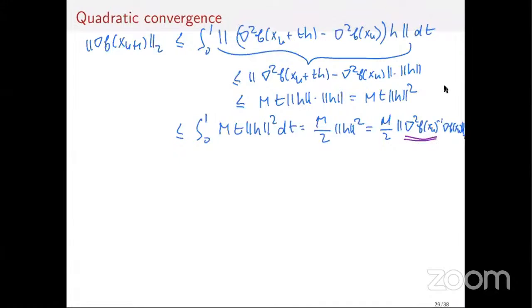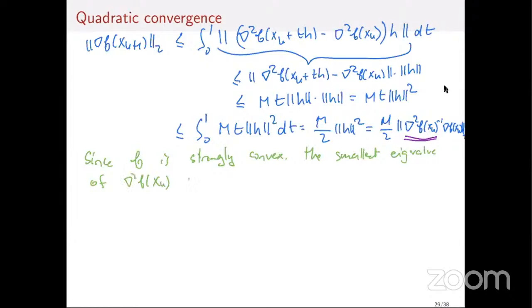So since f is strongly convex, the smallest eigenvalue of the Hessian is at least m.